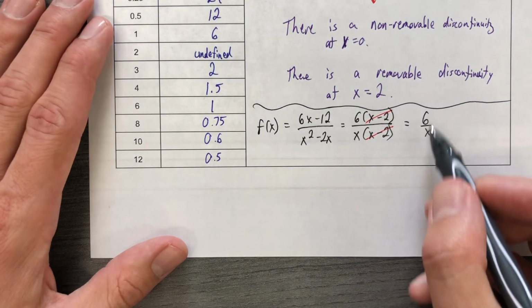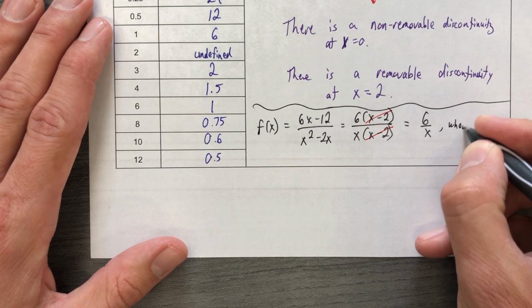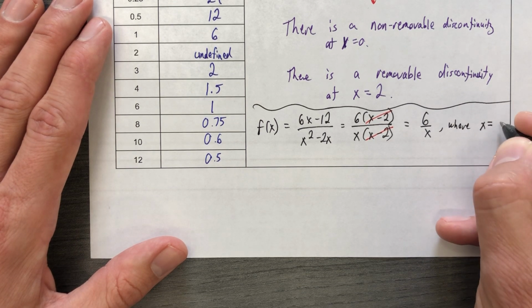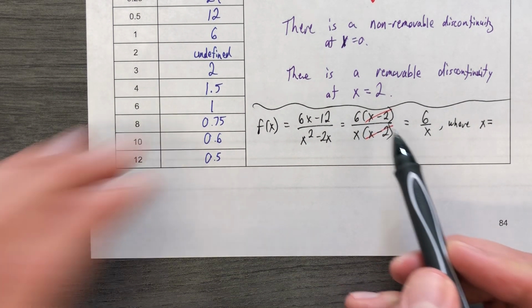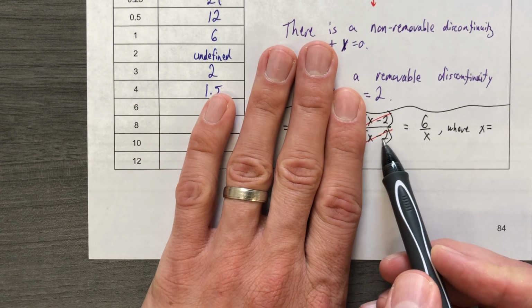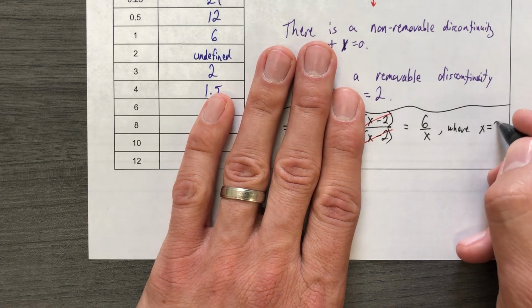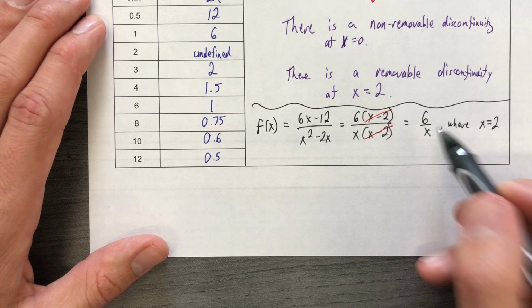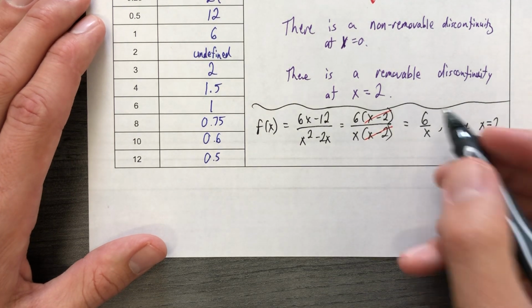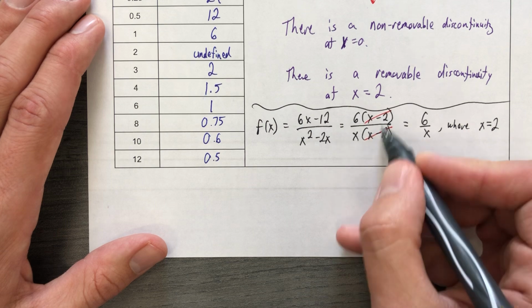I would say that this is true, but this is only true where x is not equal to 2. What would I plug in here to end up with a 0? Well, 2 minus 2, and then I have 2 minus 2 over 2 minus 2. Other than at x equals 2, this is equivalent to this.